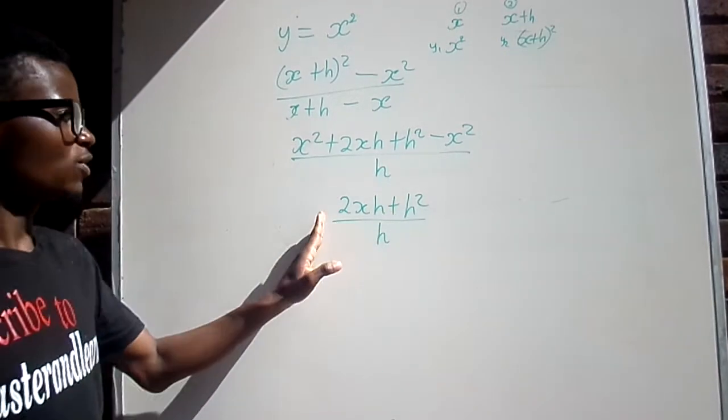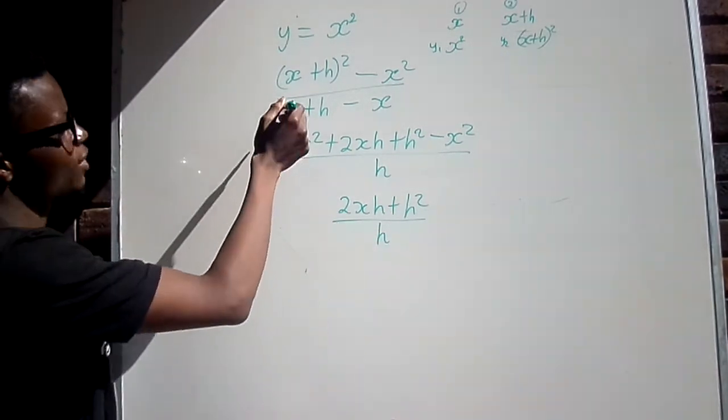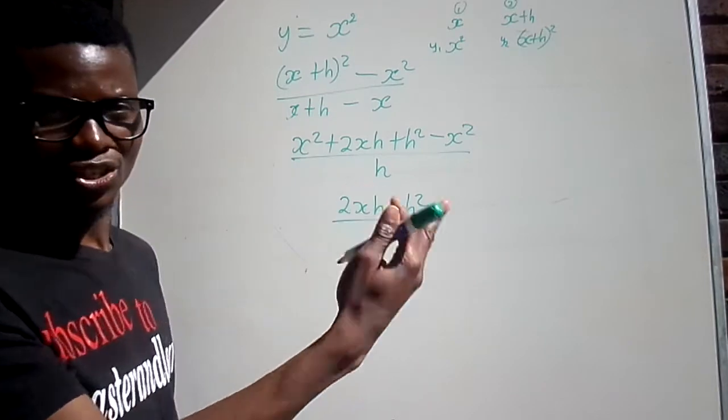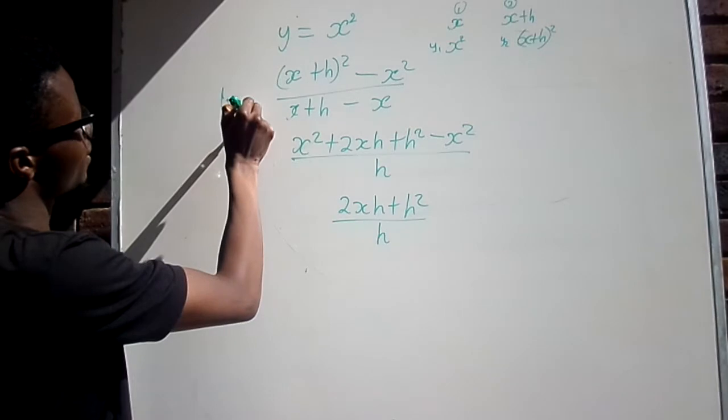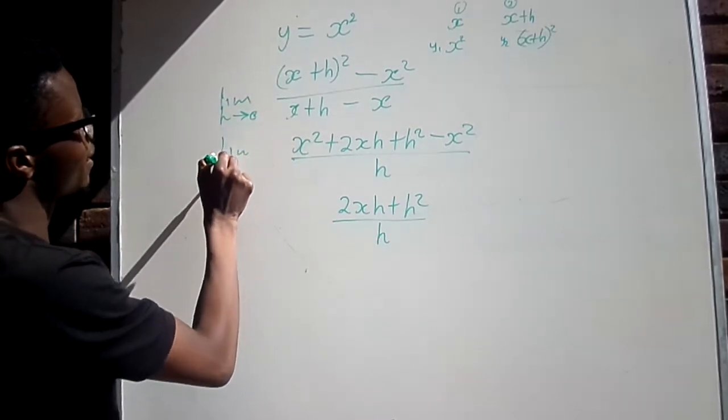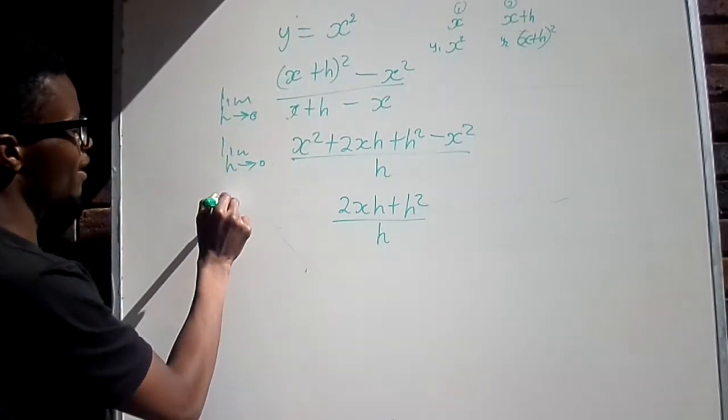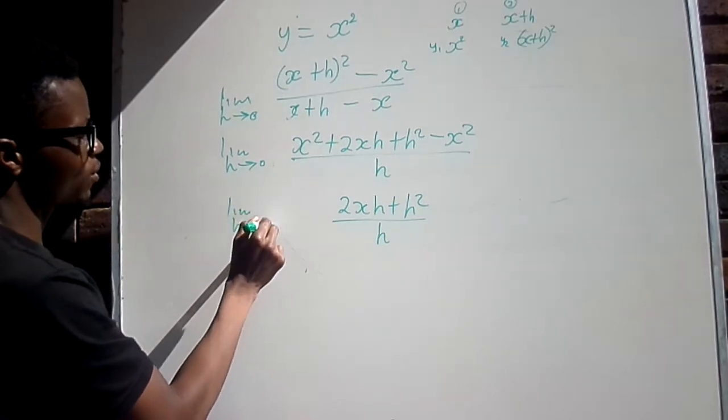Since we want to set the limit, remember we said we should be writing the limit as h tends to 0.